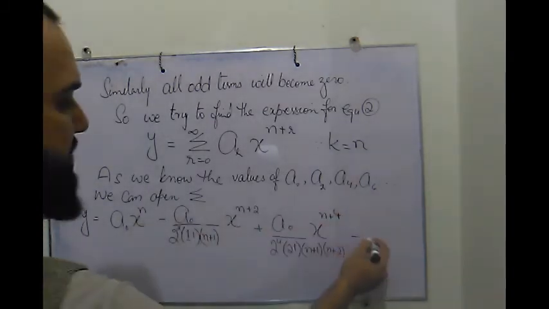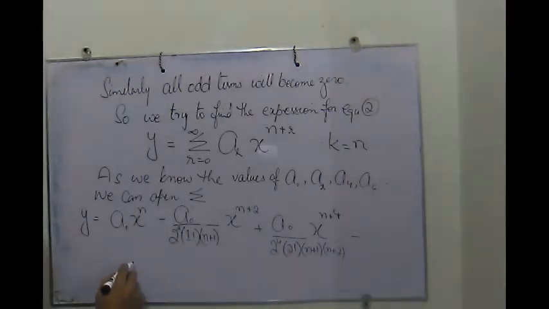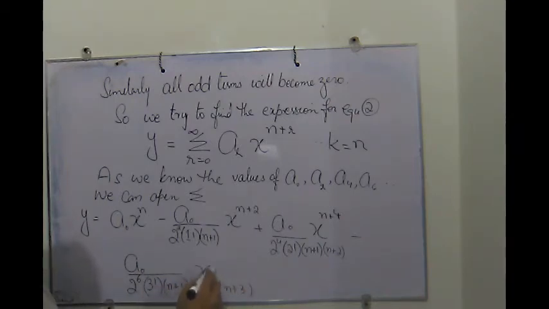Then again a negative sign, and we have the term for a6. This is a0, a2, a4, then a6. So a6 would become 2 raised to the power 6, 3 factorial, n plus 1, n plus 2, n plus 3 and x raised to the power n plus 6.